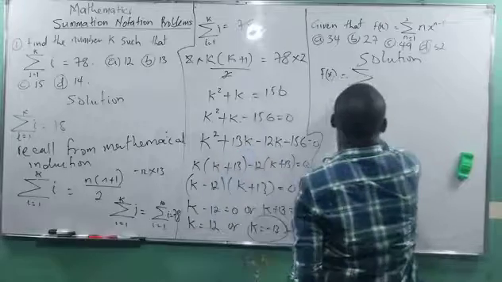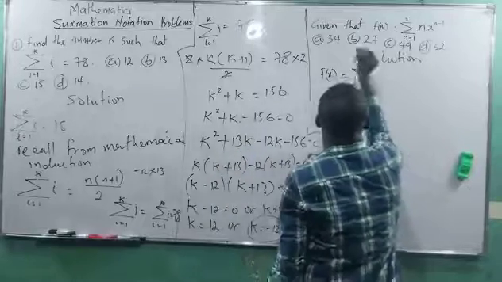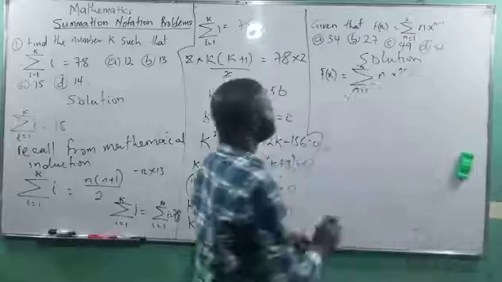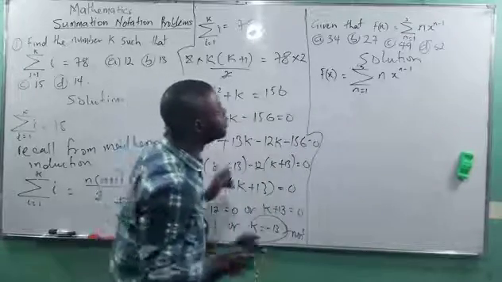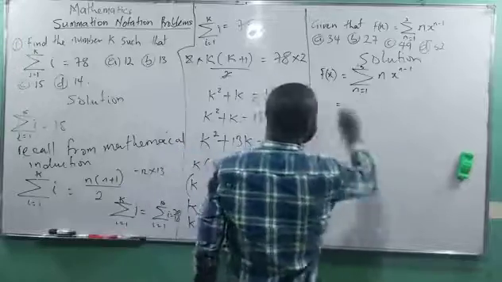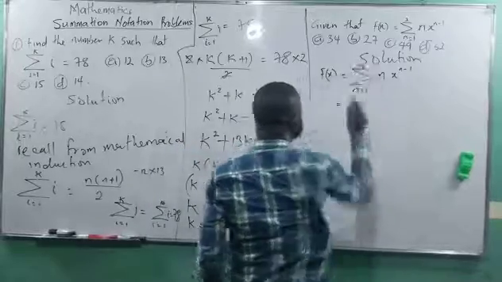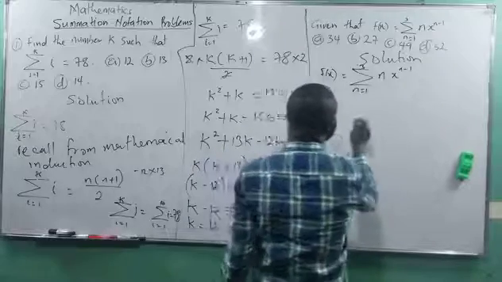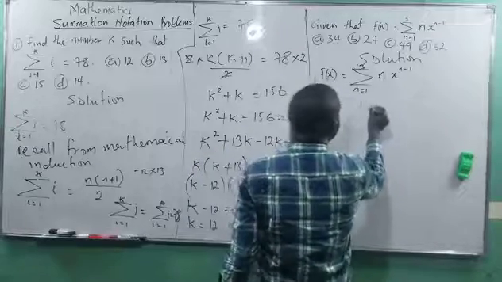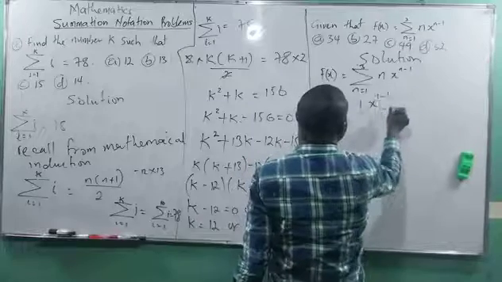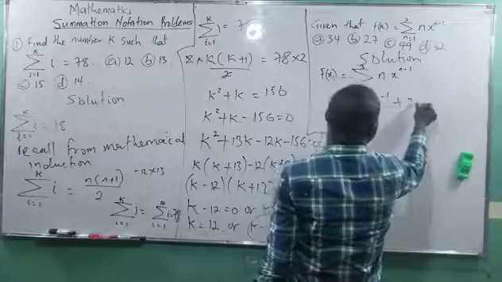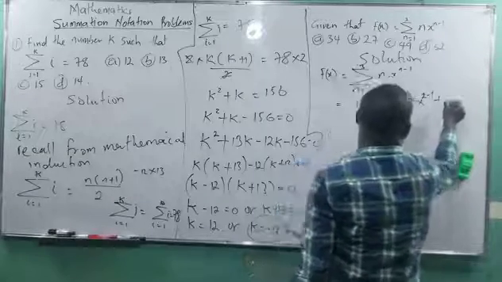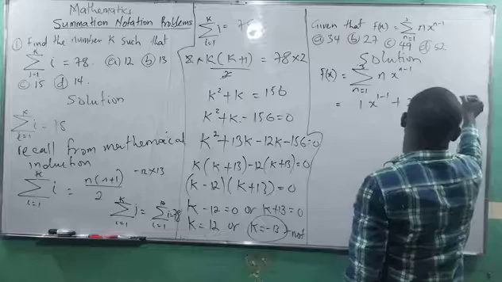This comes like this: the sum of n x to the power n minus 1, with n running from 1 to 3. This could be a very simple question. What you need to do is walk along with this, as it runs from 1 to 3. So it means 1 times x to the power 1 minus 1, plus 2 times x to the power 2 minus 1, plus 3 times x to the power 3 minus 1.